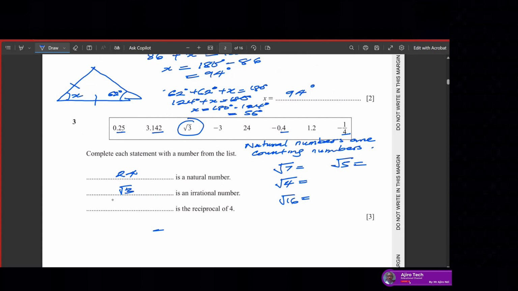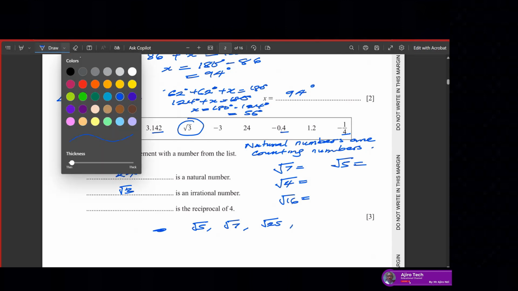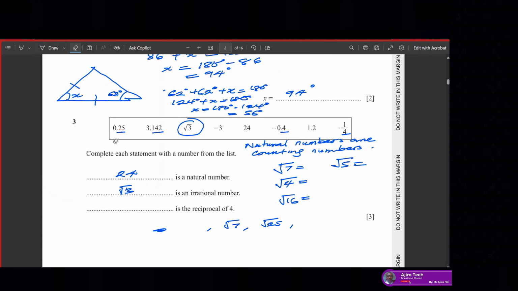All right. Do you get that? Yes. So let's write this down. Let's say we have root of 5, root of 7, root of 25. Okay, let me not use root of 5. We have said that before. So let's say root of 15, root of 7, root of 36, root of 18.